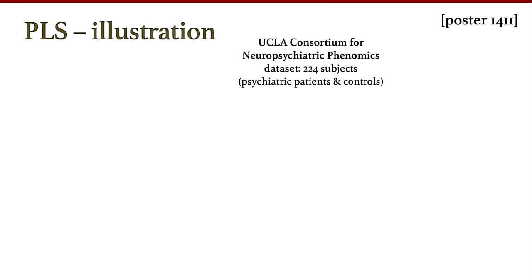So now I'm going to illustrate this with an example of some data that I'm going to be presenting on a poster next week. So hopefully all these different steps will be a little more clear. I'm using data from the UCLA Consortium for Neuropsychiatric Phenomics, which contains both healthy control subjects, but also different psychiatric populations.